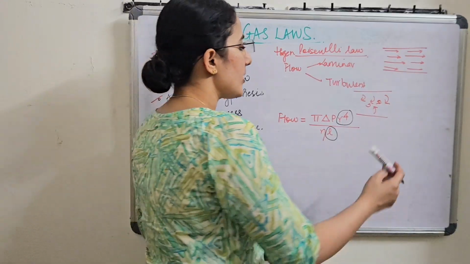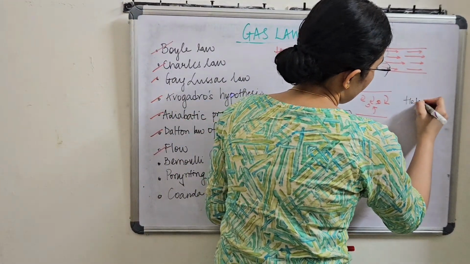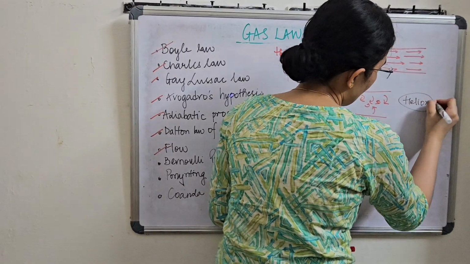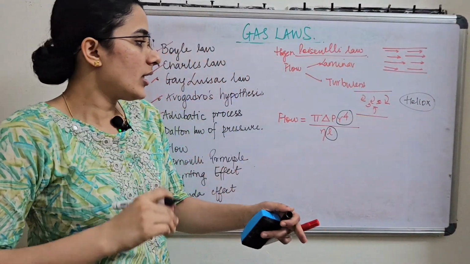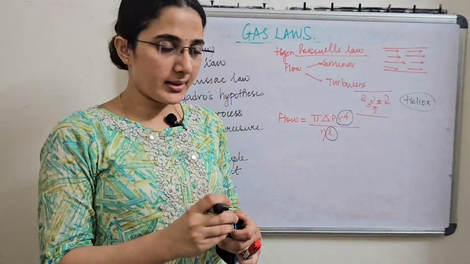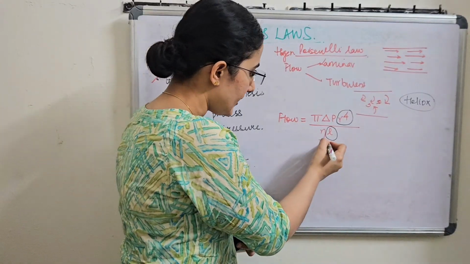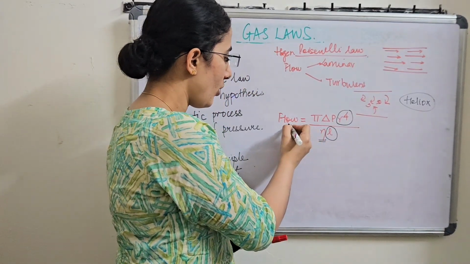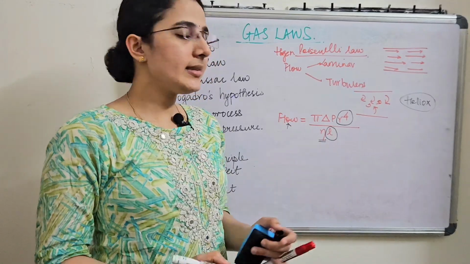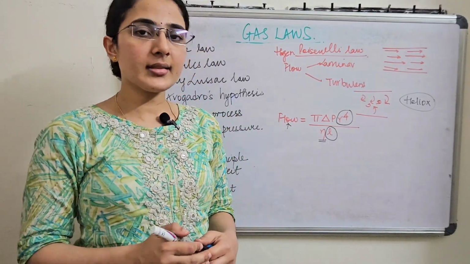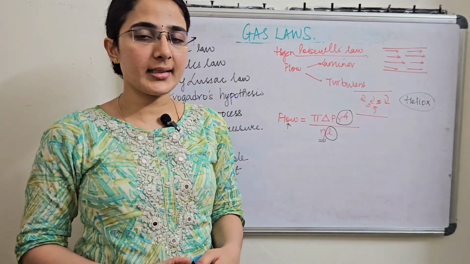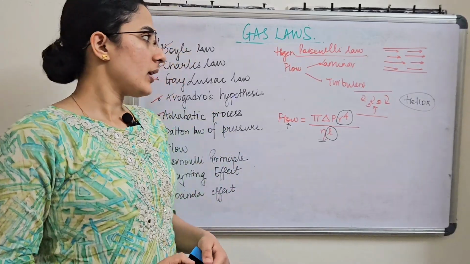So in such patients, we give a helium and oxygen mixture that will reduce the density of the substance. So if the density is less, the flow will be better. So this is how the heliox mixture will help in post-extubation croup, right?